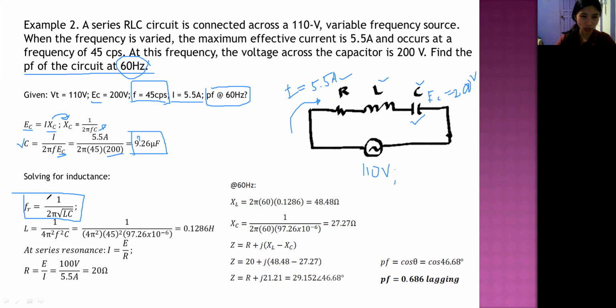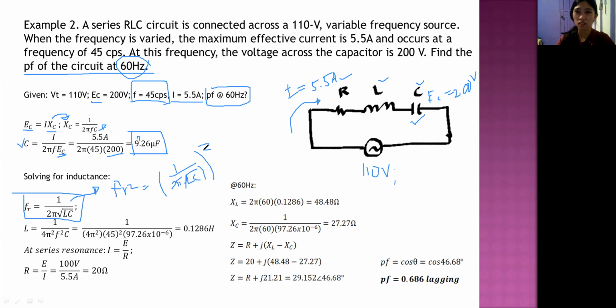So to that, we'll just have to rearrange in getting the value of the inductance. So we'll just have to square both sides. Upon squaring that, it's just basic algebra.